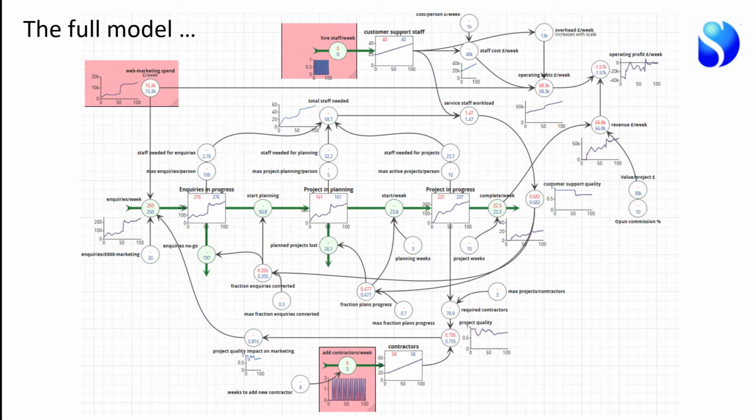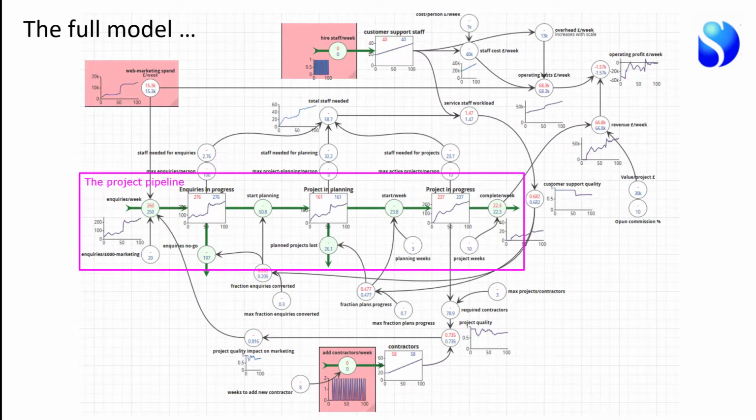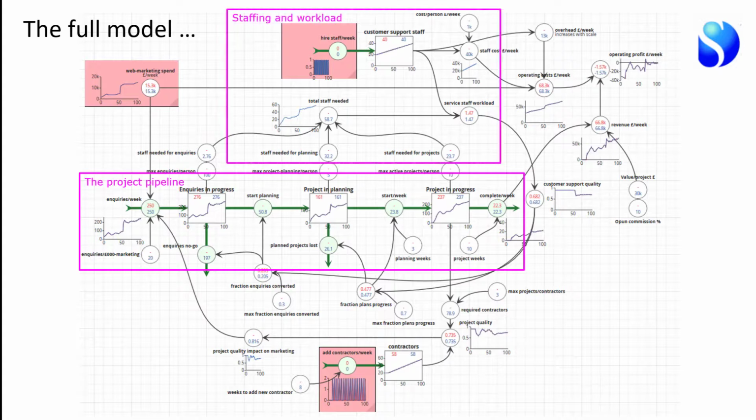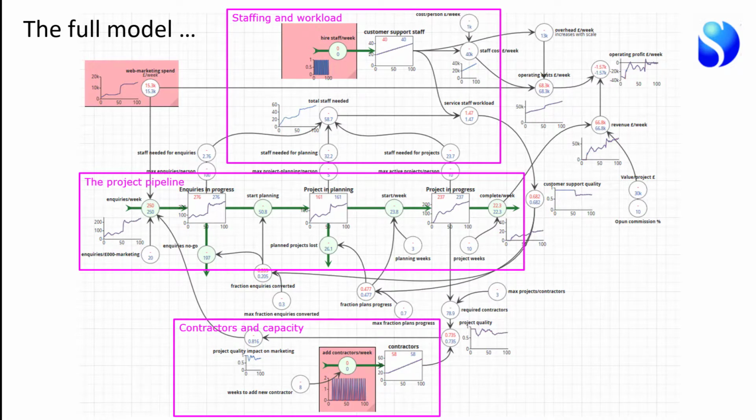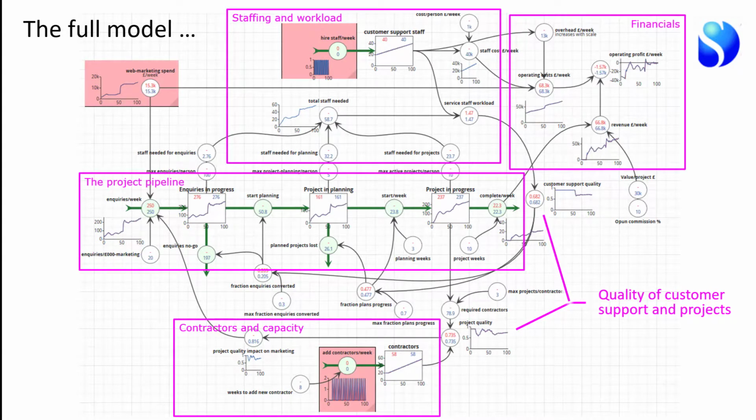Here's the full model for this case. In the middle there is that project pipeline. Up at the top is the calculation of staffing and workload. Down at the bottom is the taking on of contractors to do the work for those home improvement projects. The quality consequences of having an imbalance between projects and the number of staff and contractors is calculated over to the right, and the financials are up at the top right.